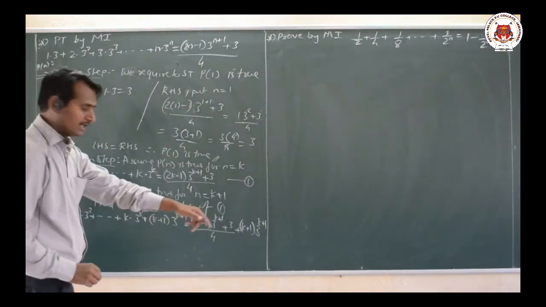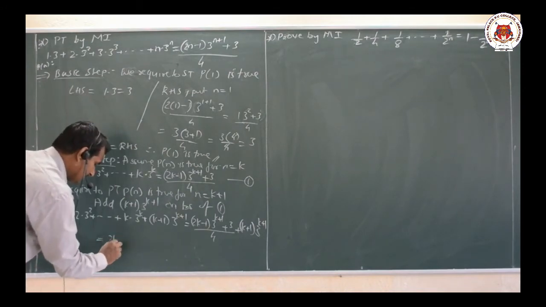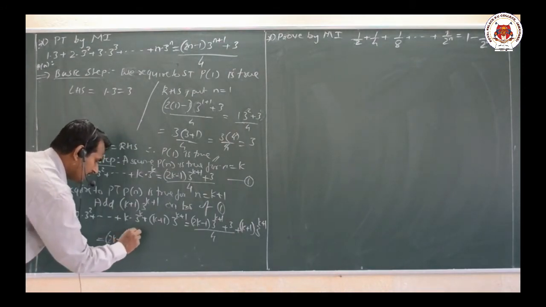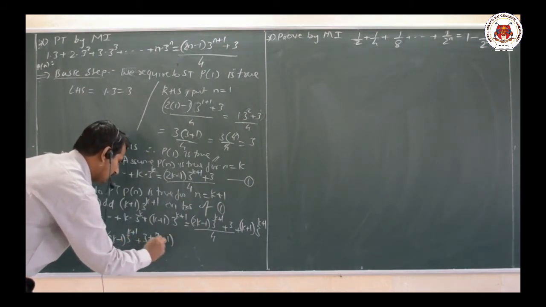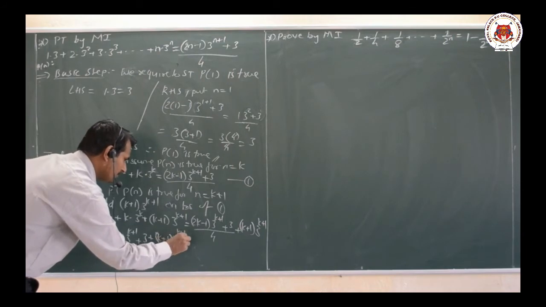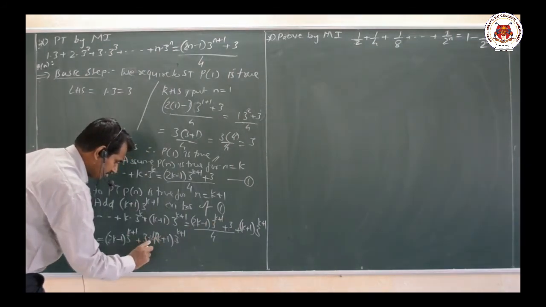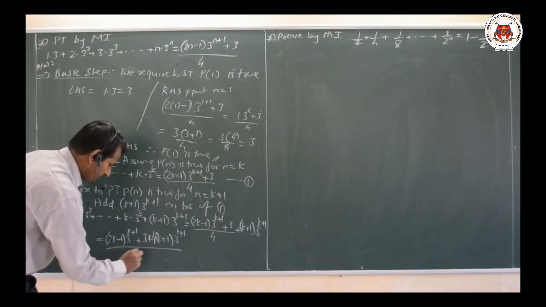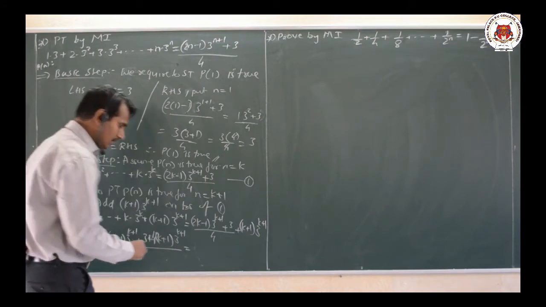I will take the LCM part. Only for the RHS I will solve: 2k minus 1, 3 raised to k plus 1 plus 3 plus k plus 1 into 3 raised to k plus 1. I will multiply it by 4 to take the LCM, whole divided by 4, which is equal to, I can take 3 raised to k plus 1 common.